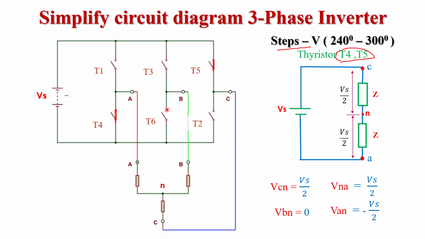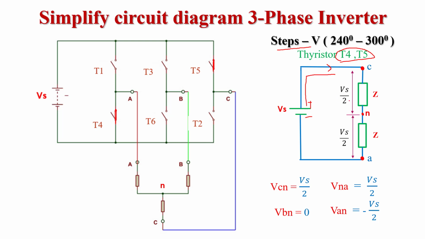So here we get the simplified circuit diagram. Phase C is connected from the positive terminal of supply voltage. Phase A is connected from the negative terminal of supply voltage. Now current flows in this direction, because current always flows from the positive terminal toward the negative terminal. So the direction of current is this.